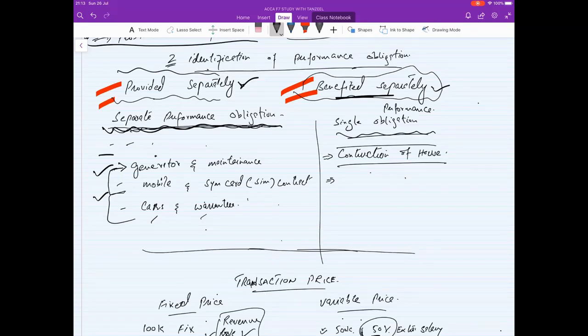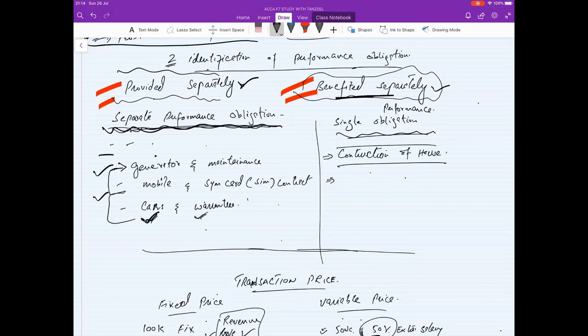Same as car and warranty. Sometimes when you buy a car, they say the car warranty is 1 year, but if you pay 100,000 more, I'll give you a 5-year warranty. So you can get the car from me or buy the car from outside, and you can buy the warranty from me or from outside.